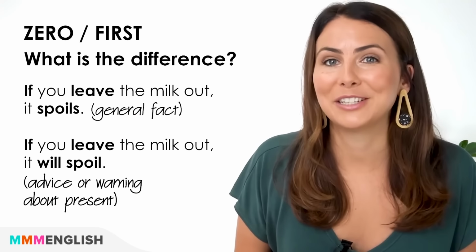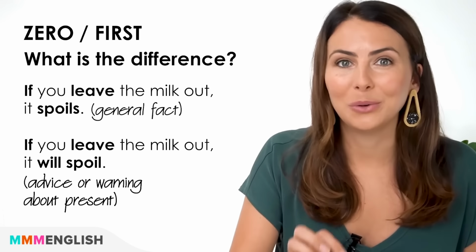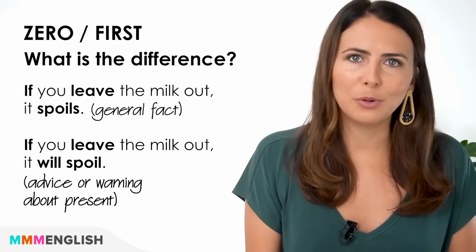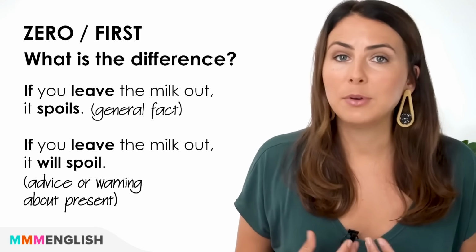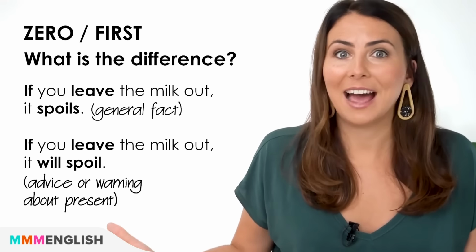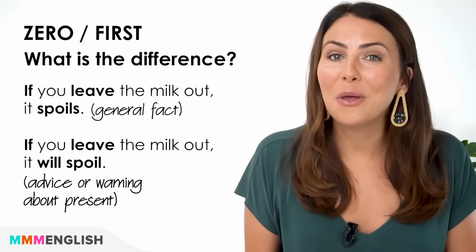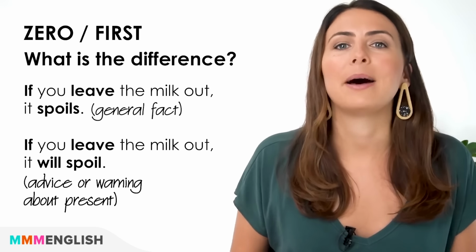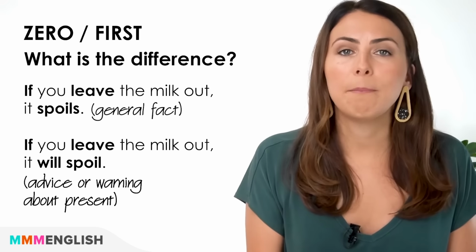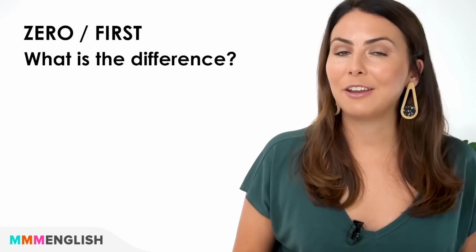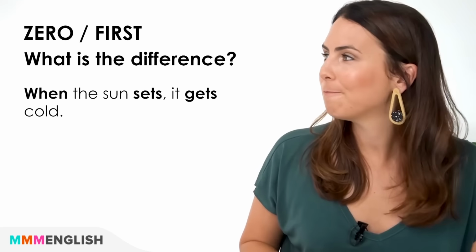So I'm using the first conditional now to warn you or remind you about what might happen if you don't put the milk in the fridge. So I'm not telling you a general life lesson or a fact about life. You probably already know that milk spoils, but I'm giving you a suggestion or a reminder that you should put it in the fridge. Now let's look at a few more comparisons.